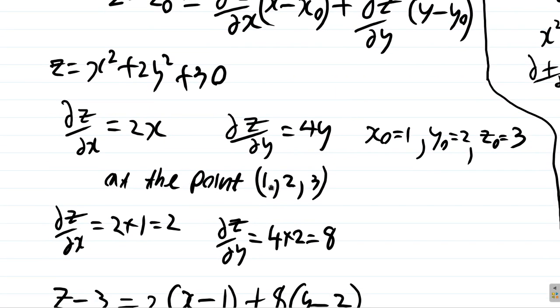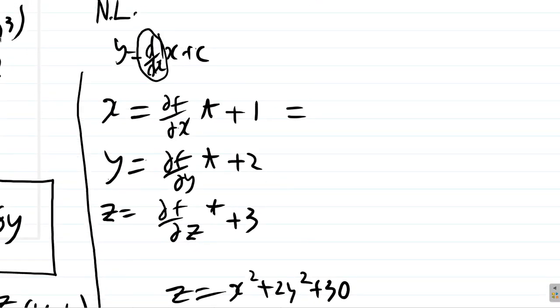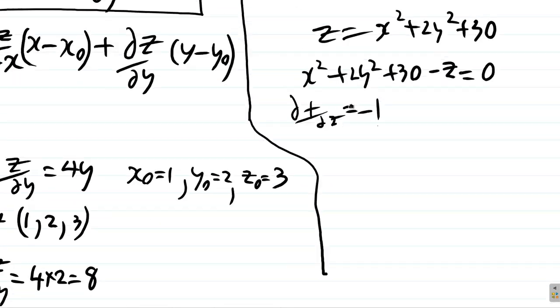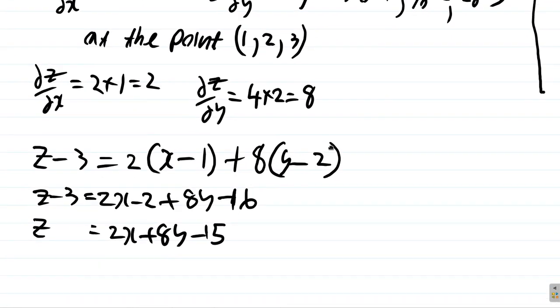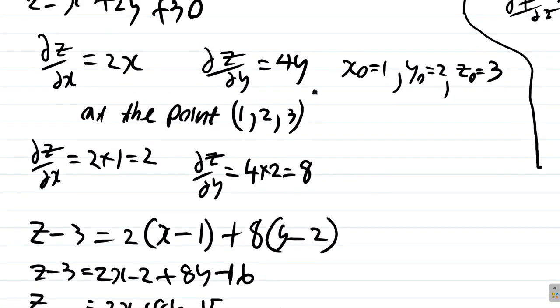But when you put in 1 for x, you get 2. So it's 2t plus 1. What was delta f by delta y? Well, delta z by delta y was 4y.